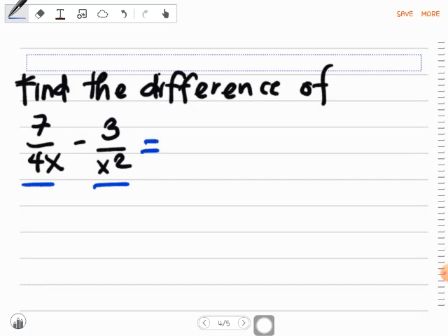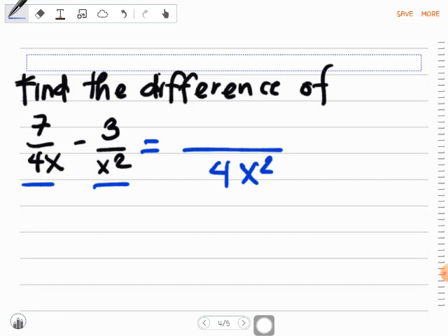So, kukunin natin yung LCD nila. 4 and 1, since wala silang same factor, ang gagawin na lang natin, imumultiply na lang natin si 4 and 1. So, makukuha natin ay 4. And then, anong degree or power ang pinakamataas sa dalawang x? Ang answer natin ay squared. That's why, ang x squared ang ating gagayahin.